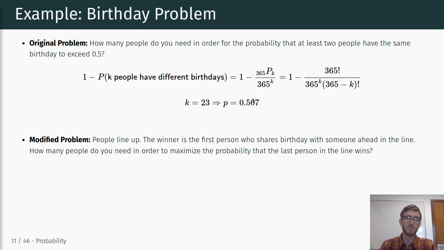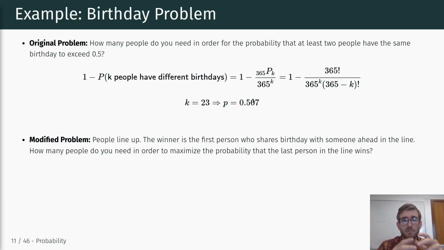We can also think about this problem in a slightly different way, just to give you an additional problem to think about. Imagine rather than having people all in the same room, you line them up in a row, and then you go through them step by step, and you check whether each individual person shares a birthday with another person who was already ahead in the line.